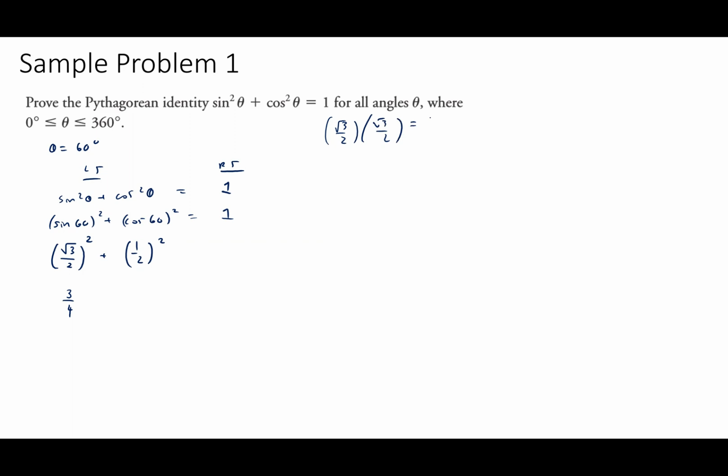I'm sure you know how to work with radicals, guys. The two square roots would cancel out. You get 3, and then 2 times 2 is 4. Okay, so you get 3 over 4 plus 1/2 squared is 1 over 4, and you basically end up with 4 over 4. Okay, so hopefully you can see that, right? And you can notice that 4 over 4 is equivalent to 1. So this implies that therefore the left side is equal to the right side.